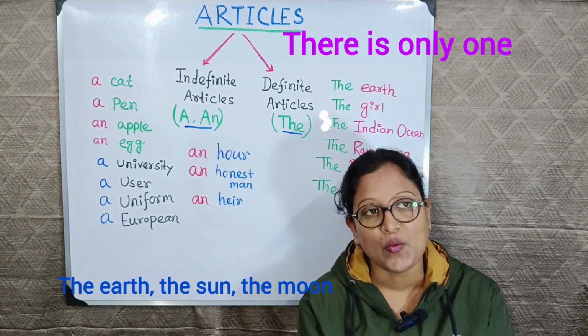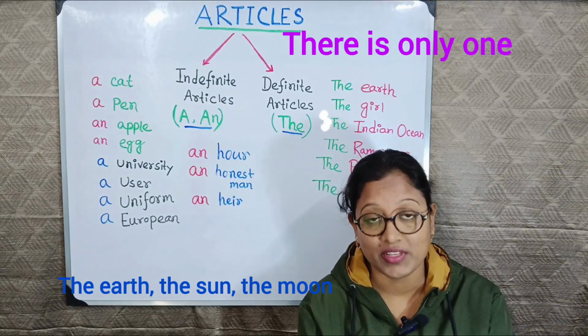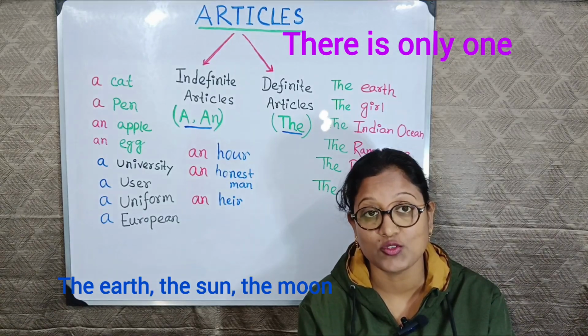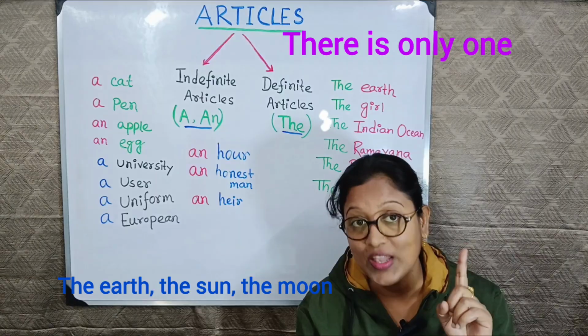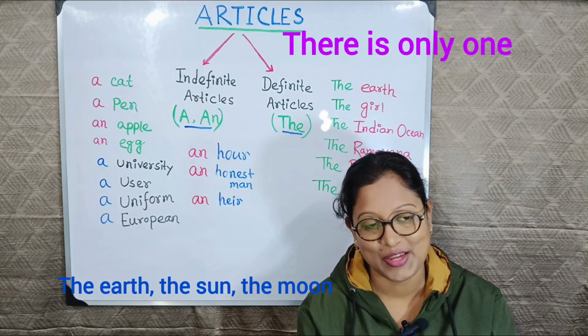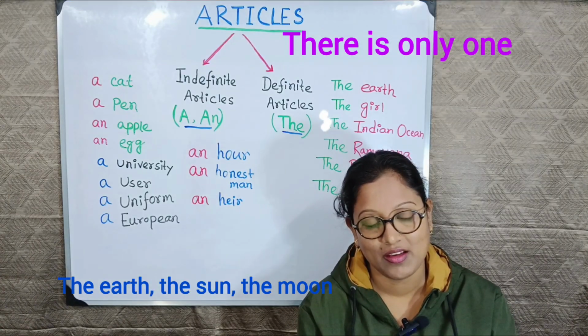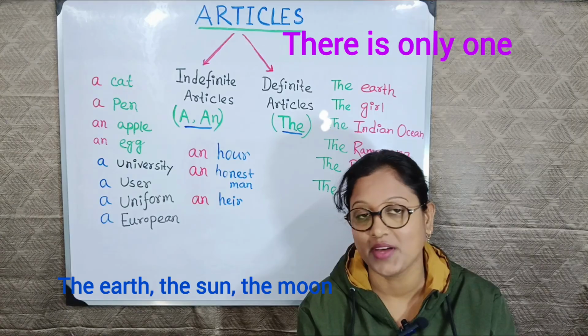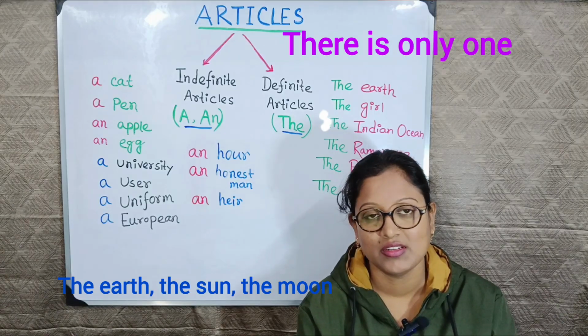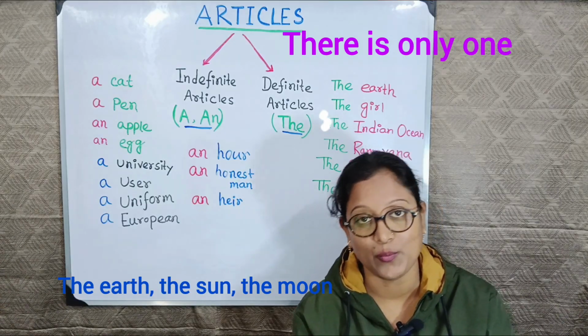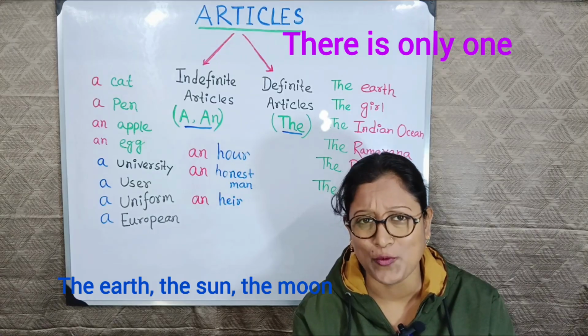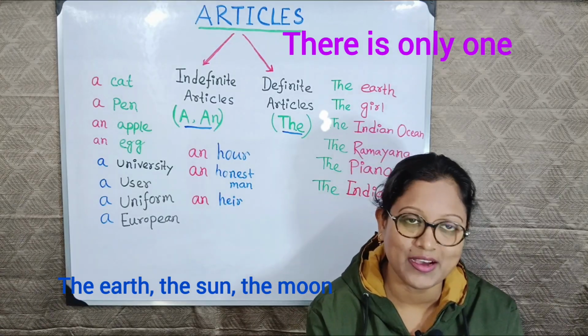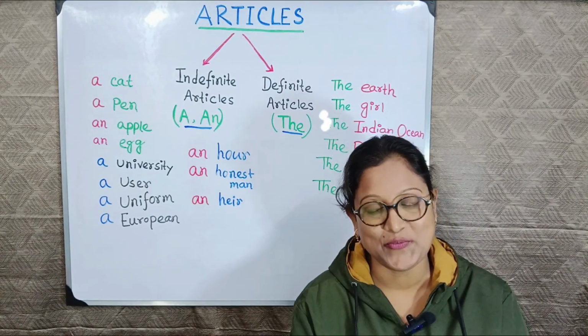First, we use the with singular countable nouns while it is denoting the only one, like the earth, the moon, the sun, the weather, the north pole. So there is only one, right? So we use the.